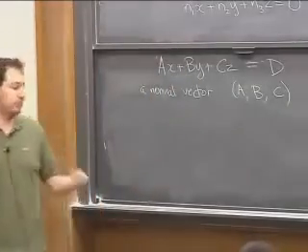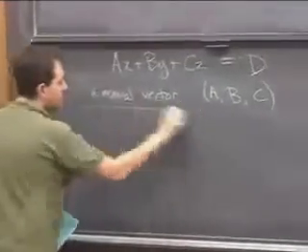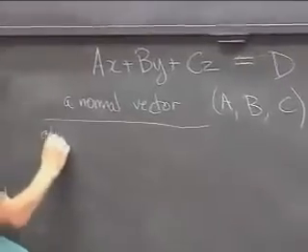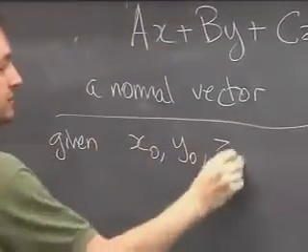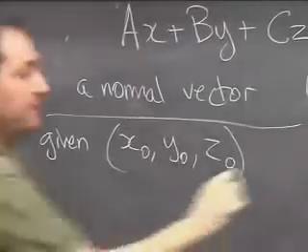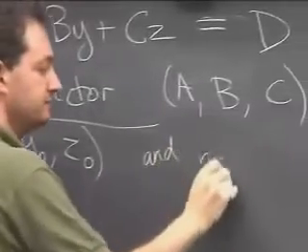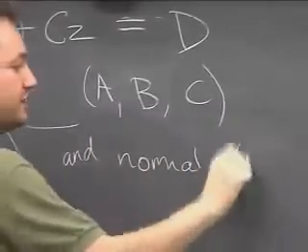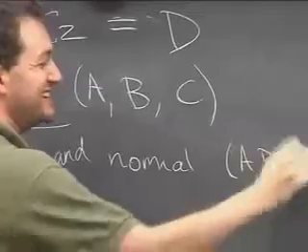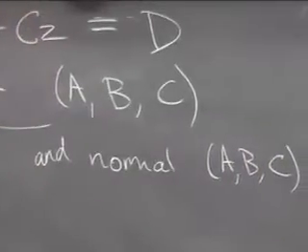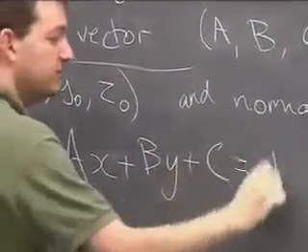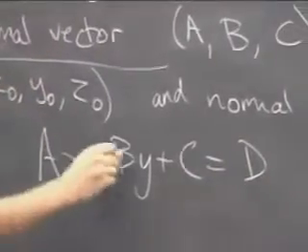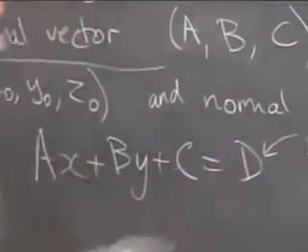Or the other way around: suppose you're given a point x0, y0, z0, and the normal A, B, C. Then you just write down AX plus BY plus CZ equals D. And we know A, B, and C. The question is, what is D?